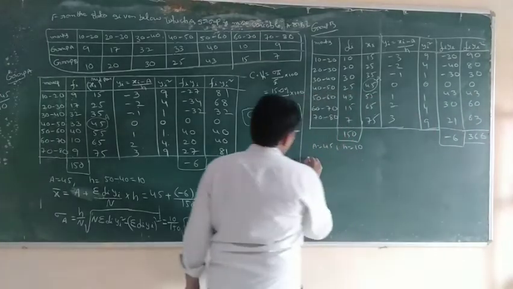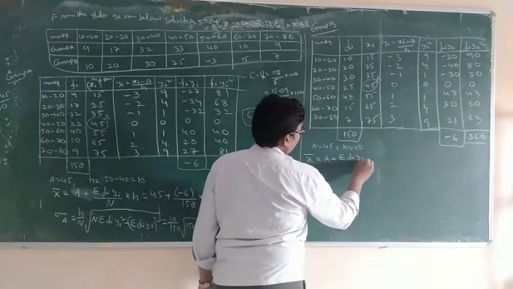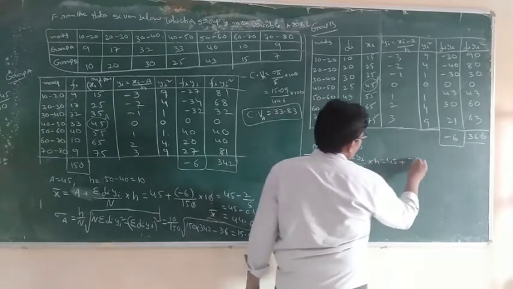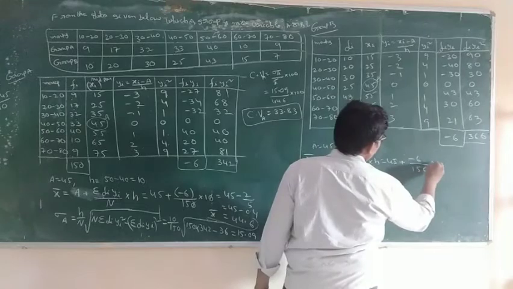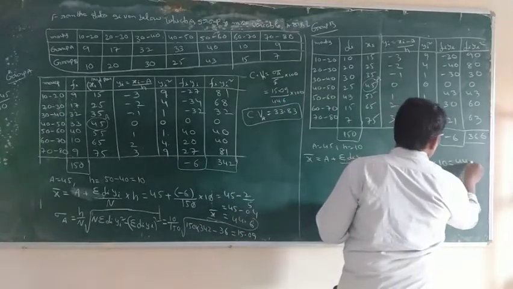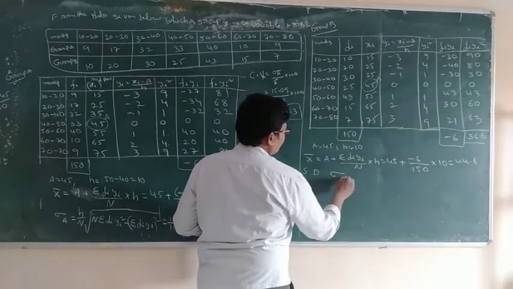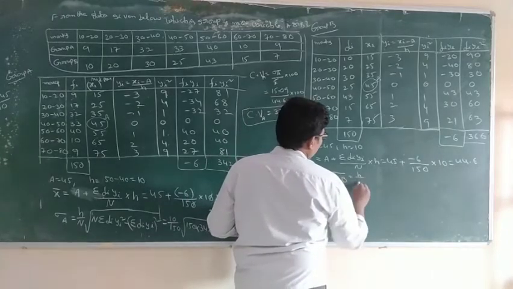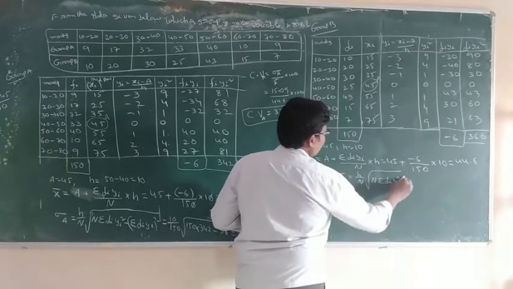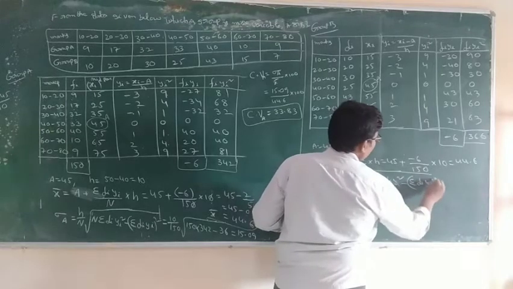So x bar formula is A plus sigma fi yi by n into h. That is 45 plus minus 6 by 150 into 10, the same answer, 44.6. Standard deviation sigma of B: the same formula, h by n into root of n sigma fi yi square minus sigma fi yi whole square.